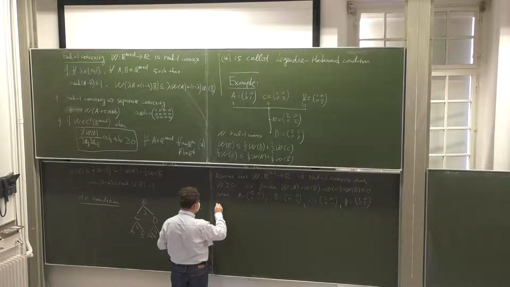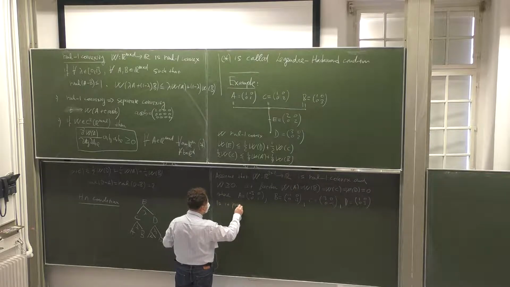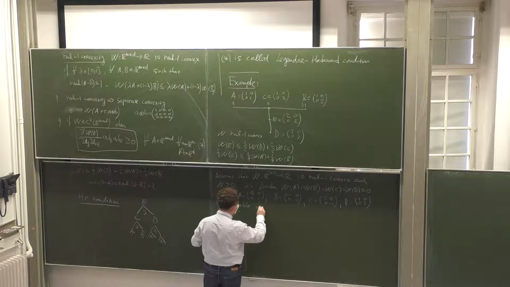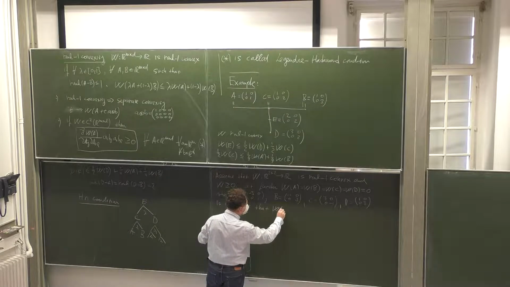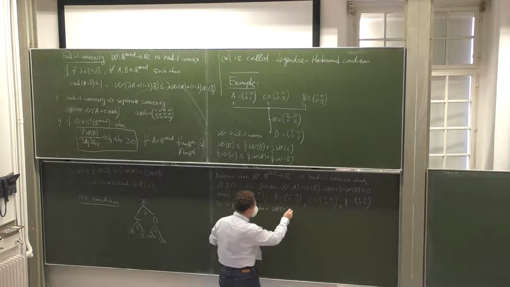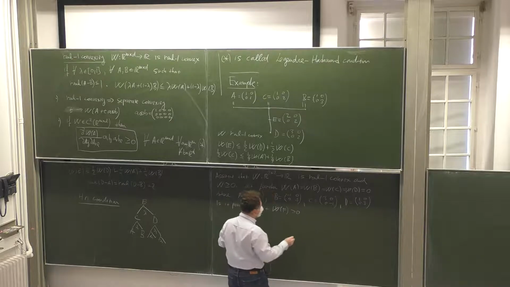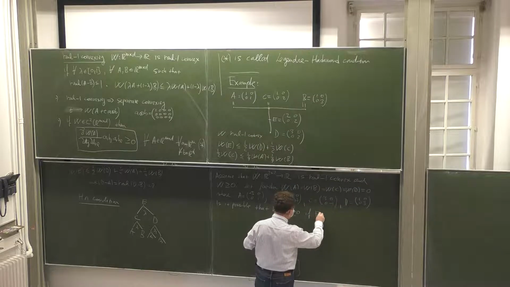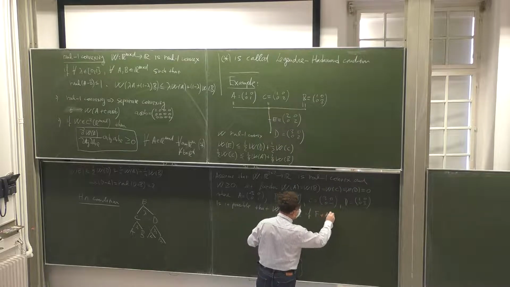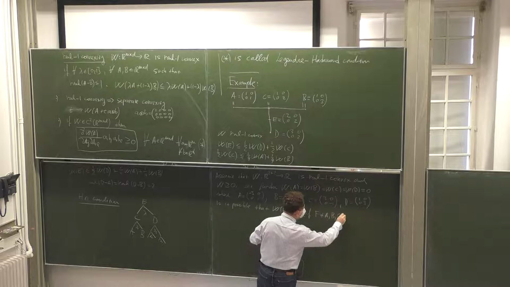And the question which we ask is, is it possible that W of F is positive if F is not A, B, C, or D?